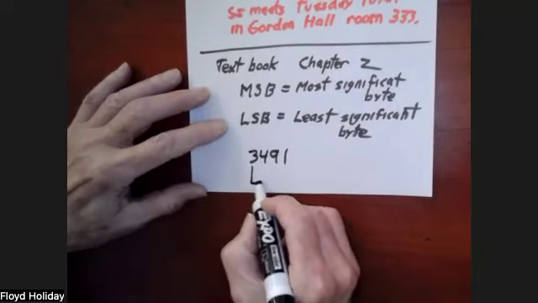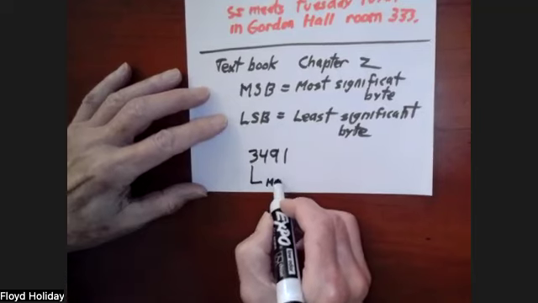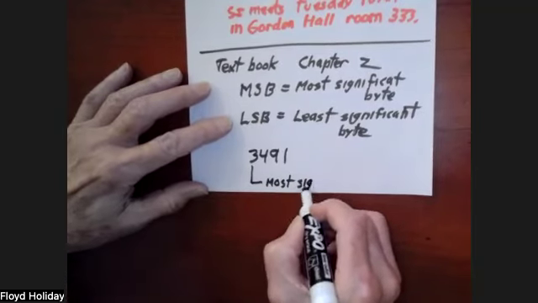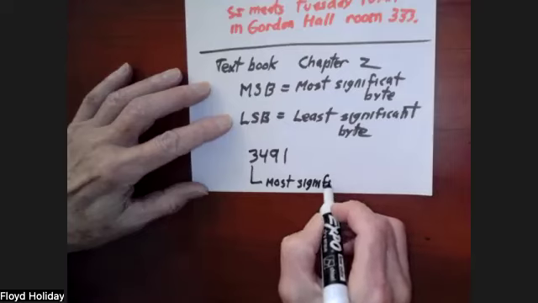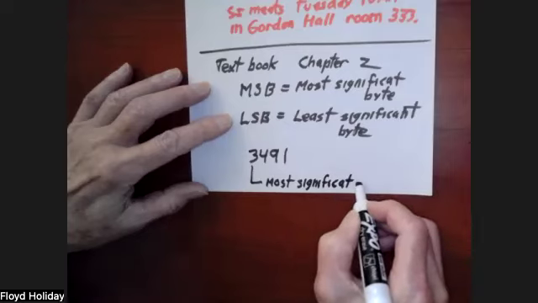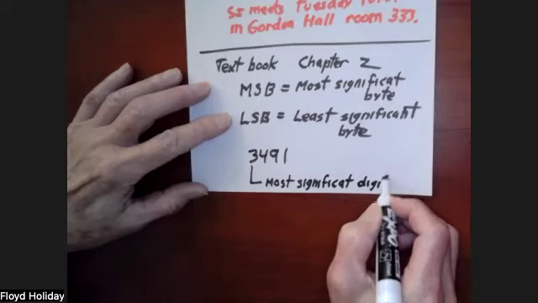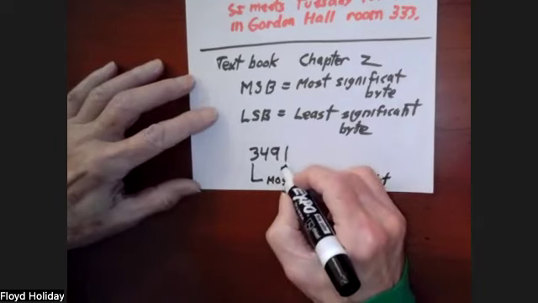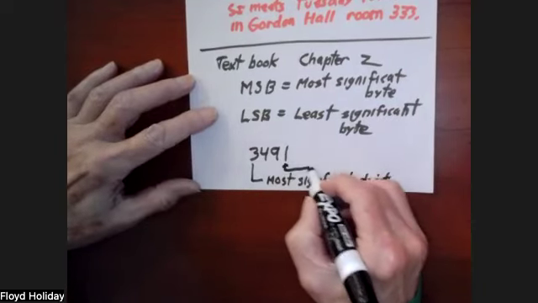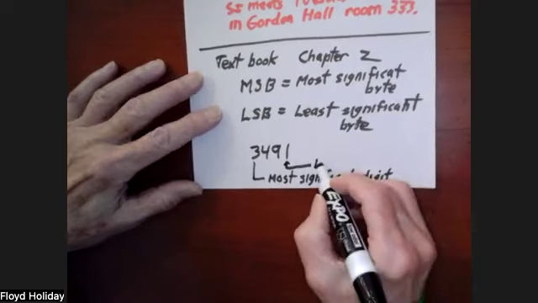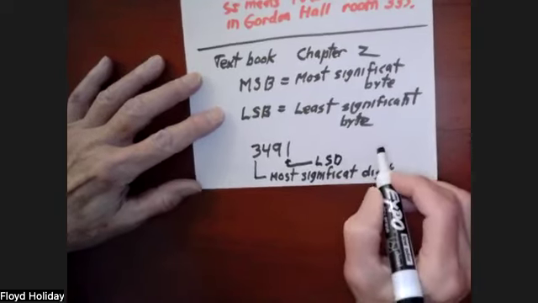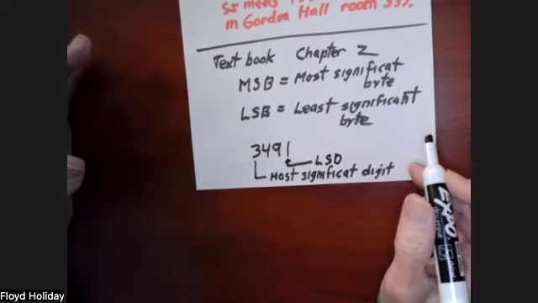So that is the most significant, in this case, digit. In binary numbers, it'll be the most significant byte, but the principle is still the same. So this is the least significant digit. And I just write LSD, least significant digit, most significant digit.